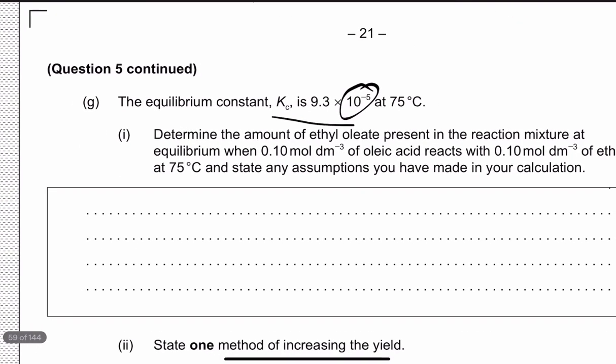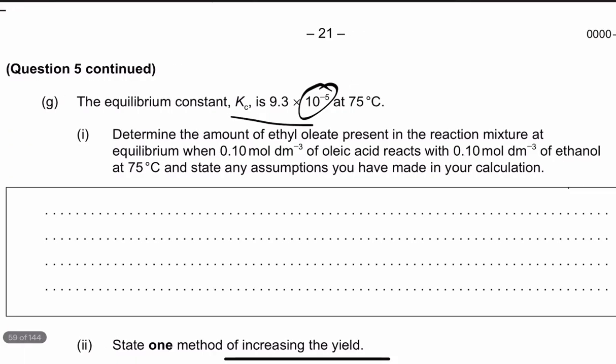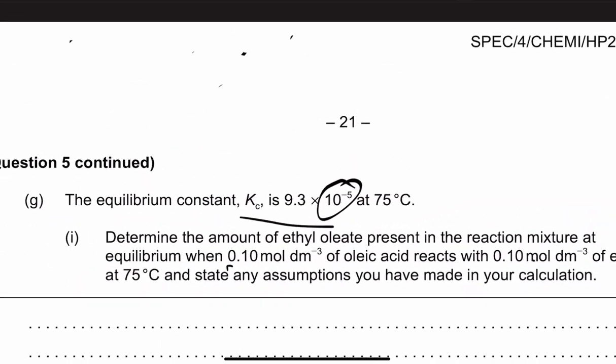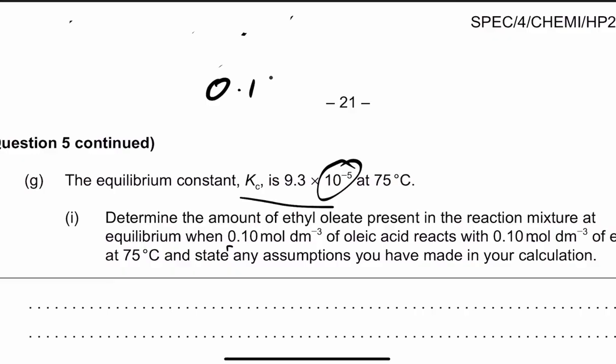The initial concentrations are 0.1 mol dm^-3 each, and 0.1 minus x is going to be our equilibrium concentration.